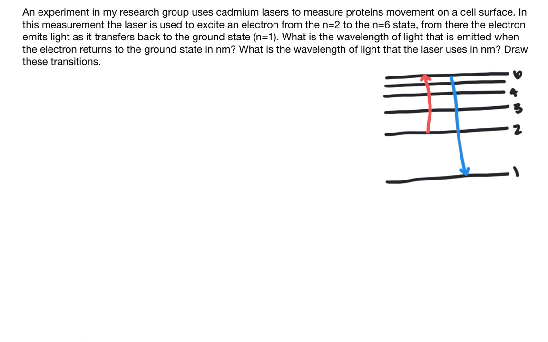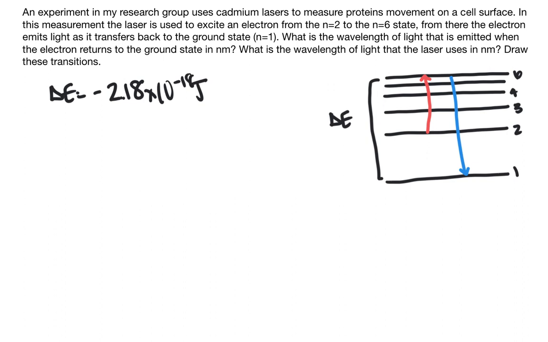So we're going to start with the transition from n equals 6 to n equals 1. In order to calculate this, we know that this blue arrow corresponds to delta E. And we know that delta E equals negative 2.18 times 10 to the negative 18 joules, 1 over nf squared minus 1 over ni squared.